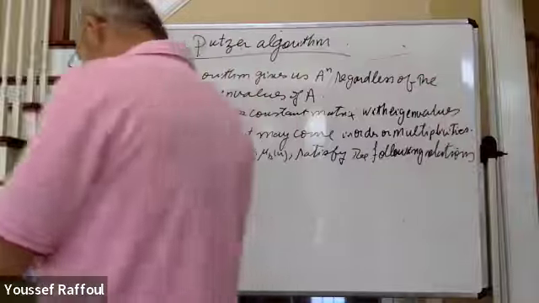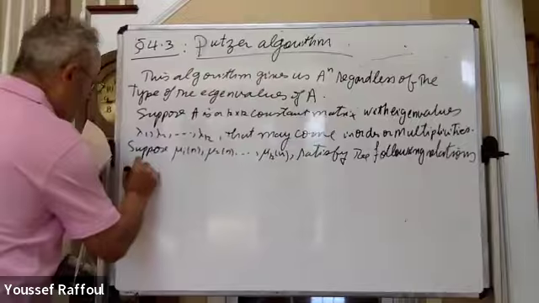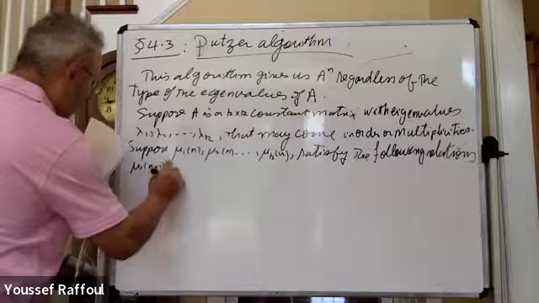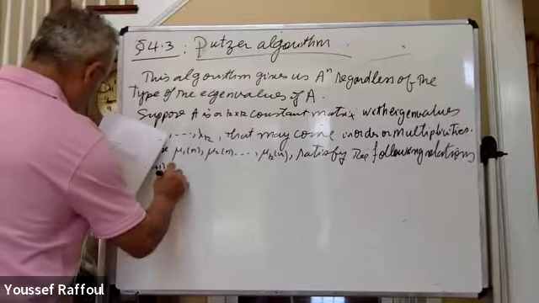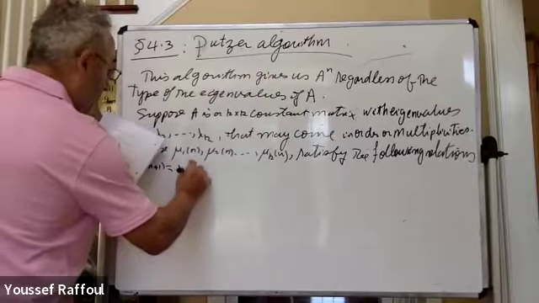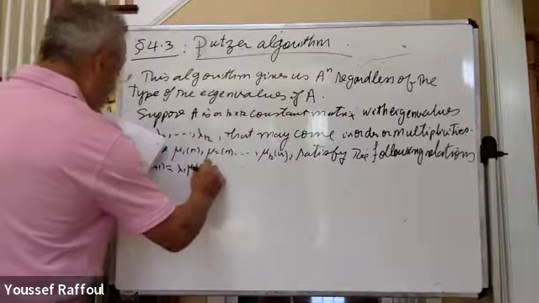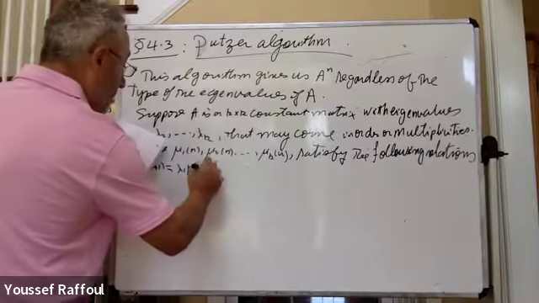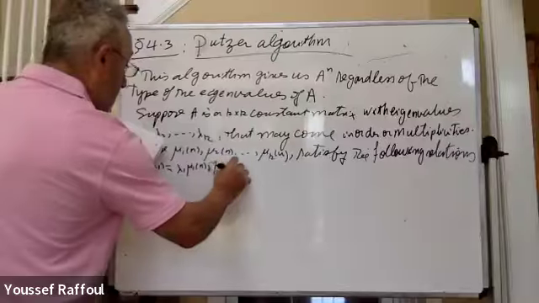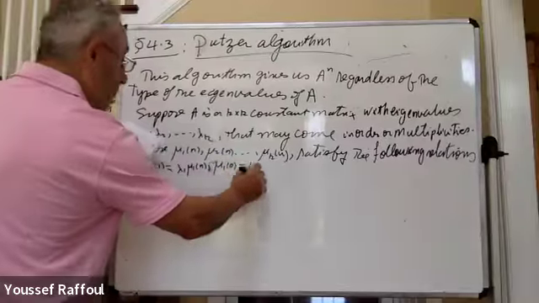The following relations: mu1 of n plus 1 equal to lambda 1 mu1 of n, with mu1 of 0 equal 1.